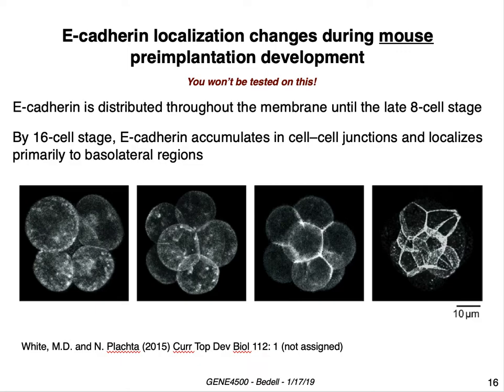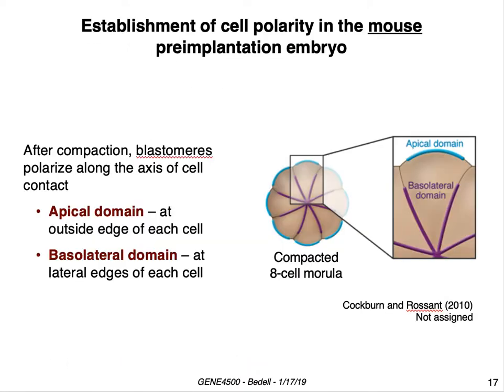This is a blow-up, a diagram of this polarized cell, 8 cell, it's starting to compact. But now look at the color coding, and I'd like you to know these terms. So this is an individual cell, right here it's that cell, and then the cell to the left and the cell to the right, you just see parts of that. The basolateral domain: if you're thinking of this being the outer, apical, apical kind of at the top, versus basal.